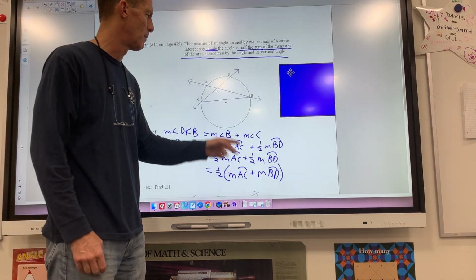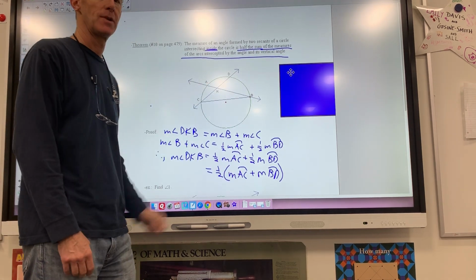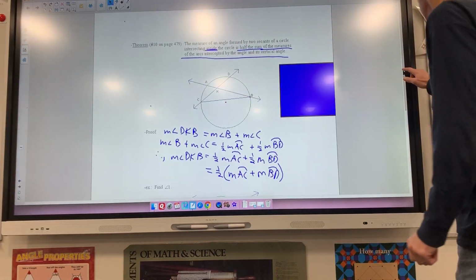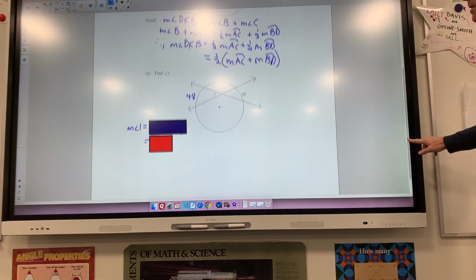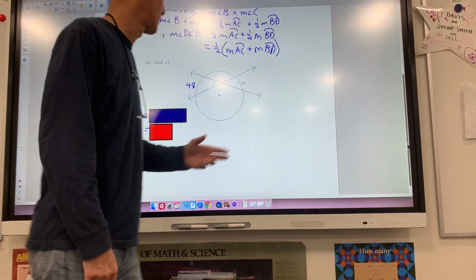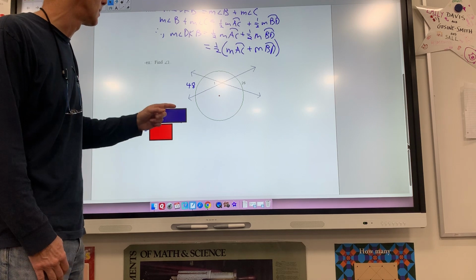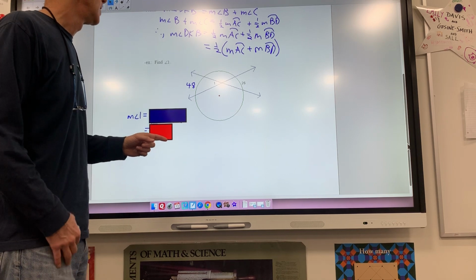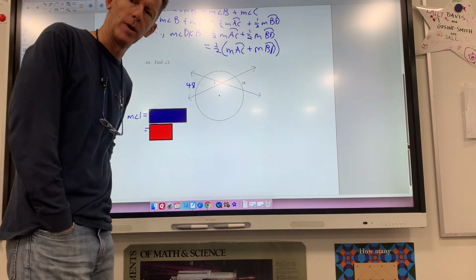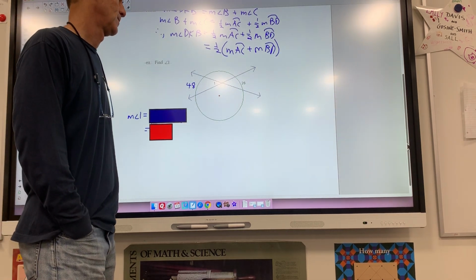It's equal to half the sum of arc DB and arc AC. All right, let's practice that. Again, you can always stop this, try it on your own, and then we can go through it. So here we have to find the measure of angle 1, and you're told that that is 26, and that is 48. What would you do?